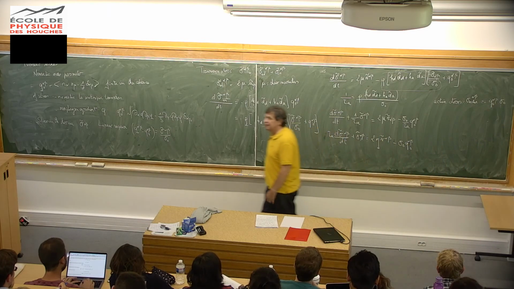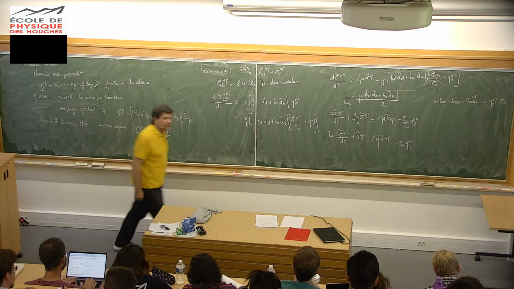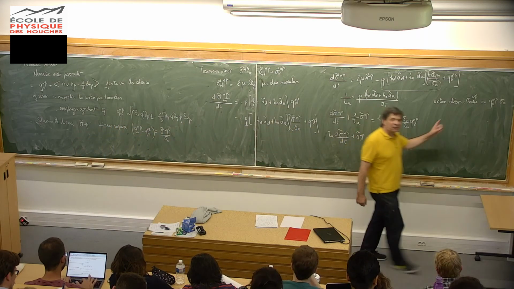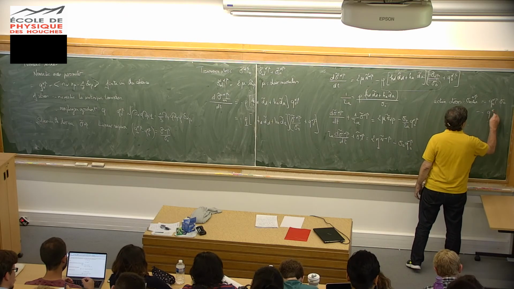Now this is exactly what I told you yesterday. The name I gave to sigma 0 yesterday was sigma 0 equals zeta delta mu. So this is just minus q alpha beta.